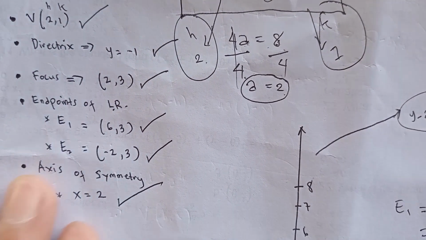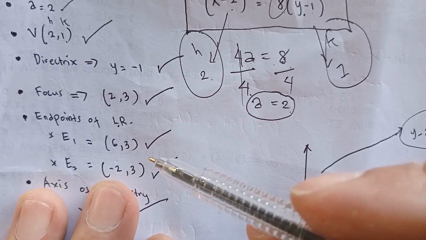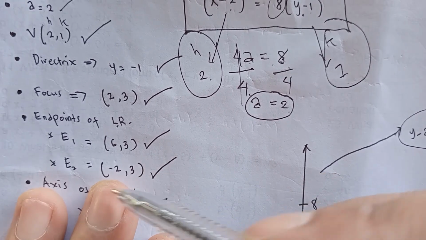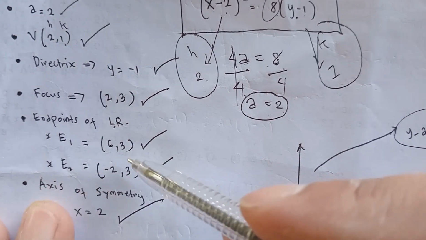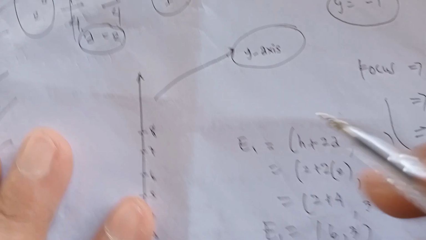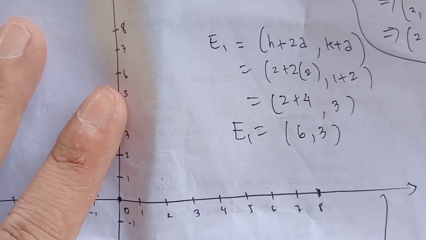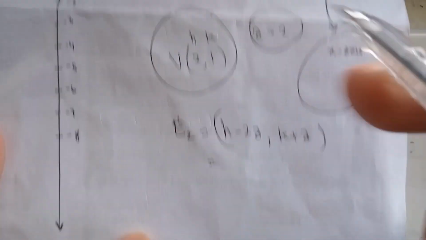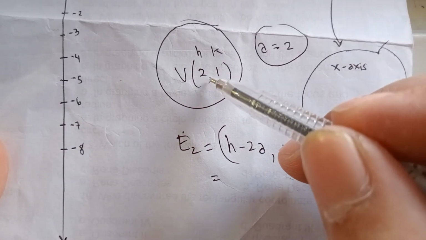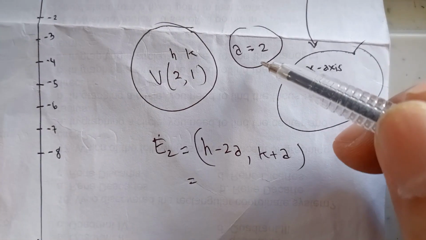And then we will write it. Okay? We have a positive 6, positive 3. So find endpoints number 2. How do we find this one? Use this formula. As we all know the value of the vertex, we have (2, 1), and the value of a equals 2.